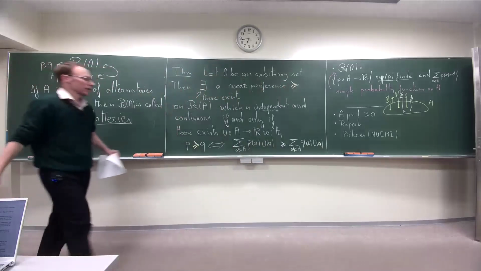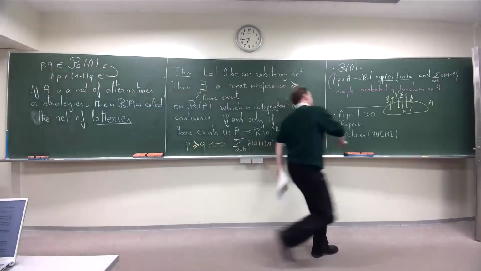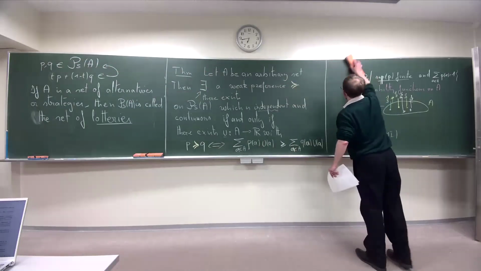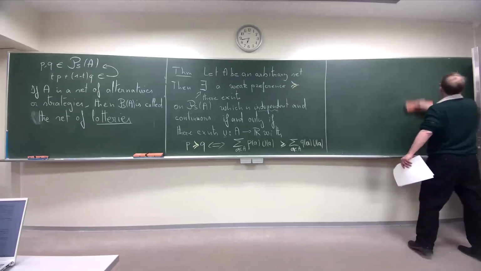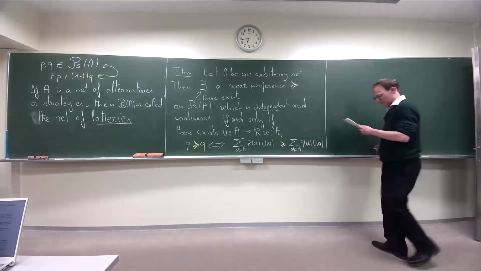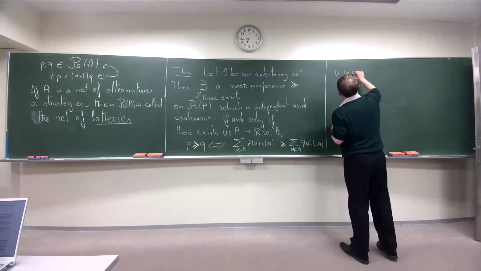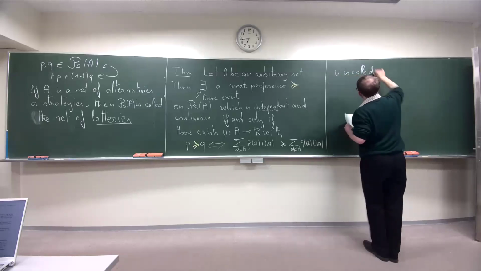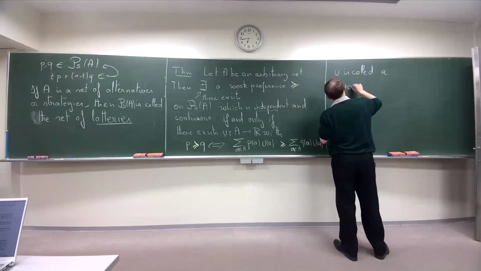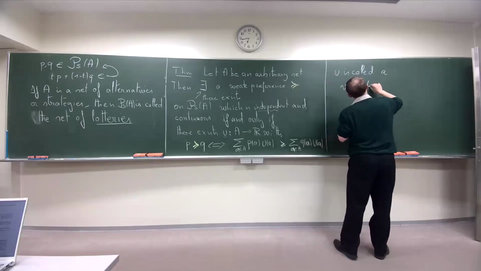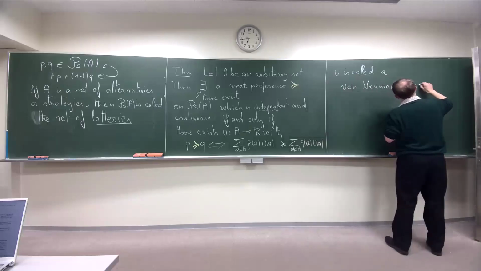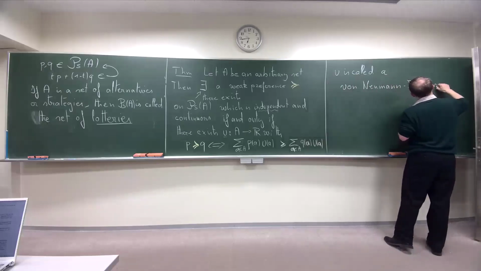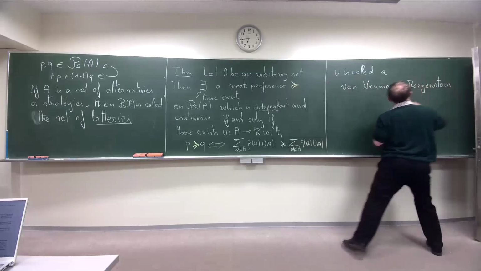And this has a nice name. I like this name. This function U is called, in this context, the von Neumann Morgenstern utility function.